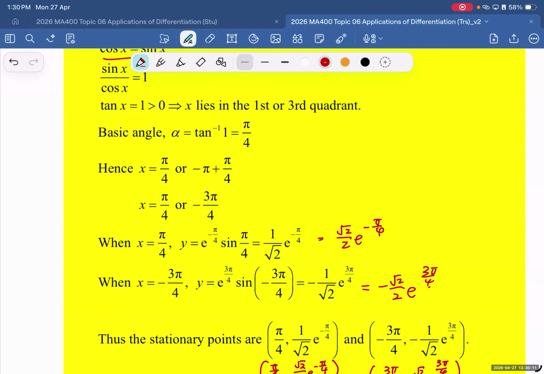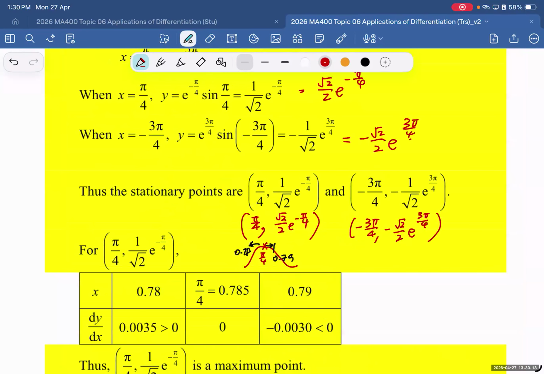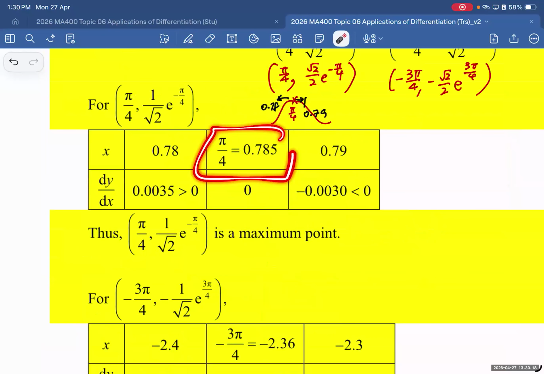After that, once again, pi/4 is 0.785, right? I go to a small neighborhood, plus 0.1 and minus 0.1. Remember, it must be a small neighborhood. Don't be too generous, be stingy. Substitute 0.785 plus minus 0.1 into the derivative and check the value of the derivative. Remember, write the number, write the sign.